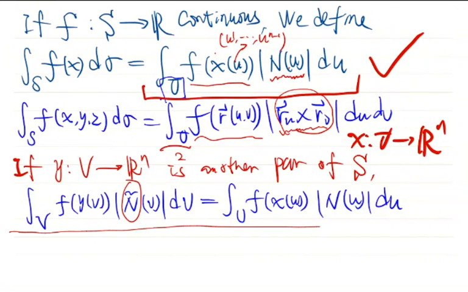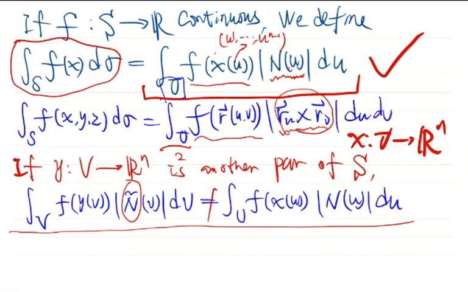If this is true, then our definition of surface integral is okay. But if this is not true, then our definition of surface integral is problematic, because the surface integral should not depend on the parametrization. If the right hand side is different for different parametrizations, then this definition is not valid.